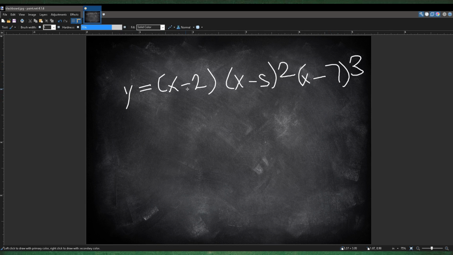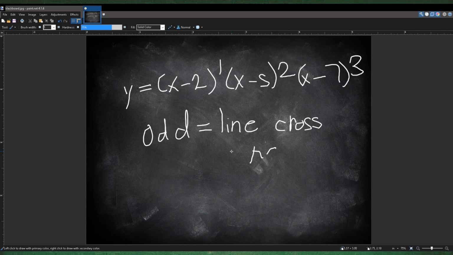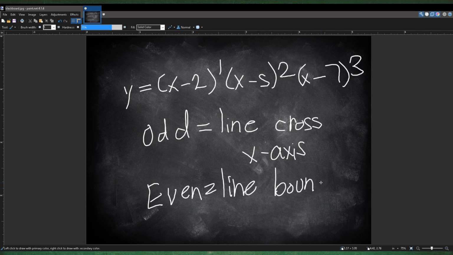The interesting property about multiplicities is that if it has an odd multiplicity, then the line crosses the x-axis. Sorry, really bad handwriting. And if it's even, the line bounces off the x-axis.